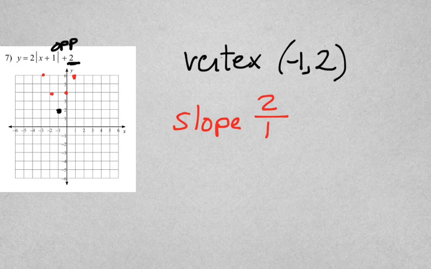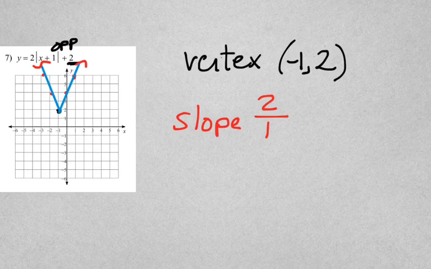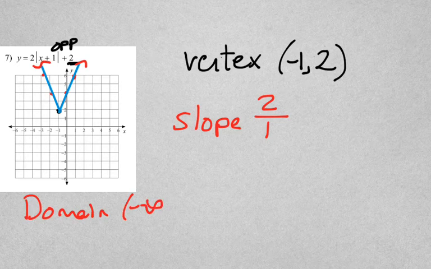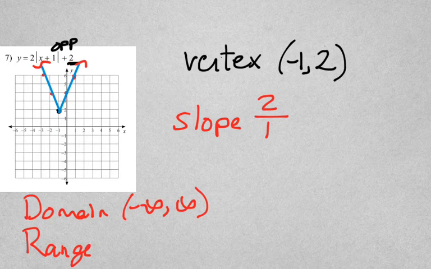For both sides, it mirrors. Oops, domain is -infinity to +infinity. Range, again, we have a lowest point, and our lowest point is 2 to +infinity.